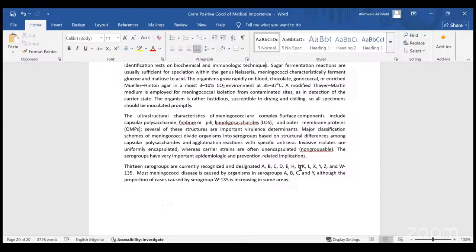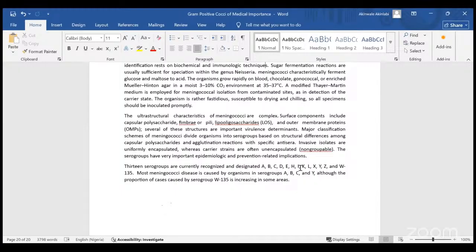Neisseria, gram-positive or gram-negative, sir? I said Neisseria, is it gram-positive or gram-negative? I have told you the other time. Neisseria is a gram-negative coccus. Why I put them here is because they are cocci.